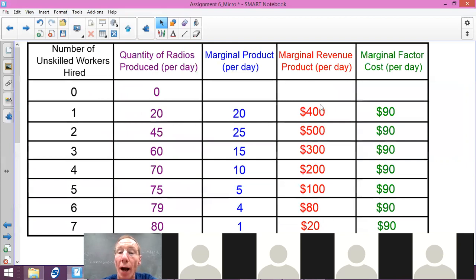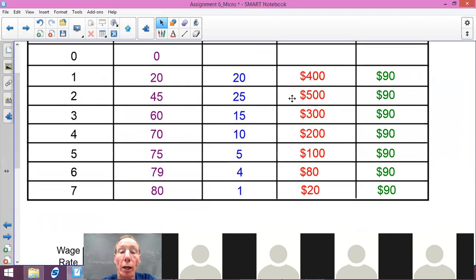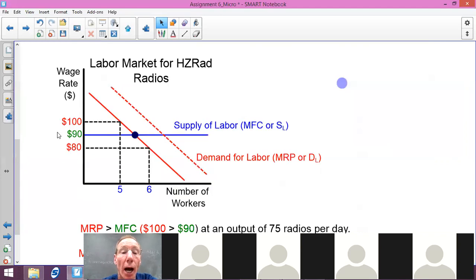So we're actually graphing these numbers on the demand curve. This is the labor demand curve, the marginal revenue product. So graphically, they're going to hire up to a point where marginal revenue product equals wage rate, right? This is the wage rate. The supply of labor is the wage rate. So they're going to hire up to this point.